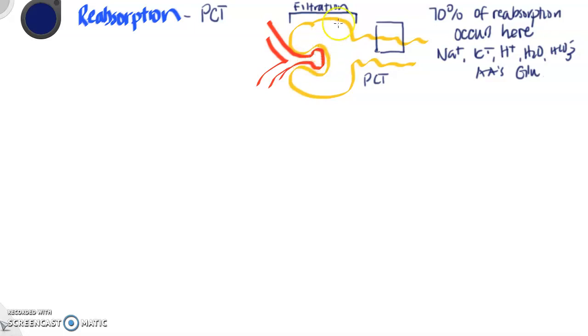Anything that will fit goes into the Bowman's capsule. So just realize that everything is getting dumped. Only the things that don't fit, which are going to be blood cells and basically proteins, are kept out. Everybody else is going to get dumped into Bowman's capsule.